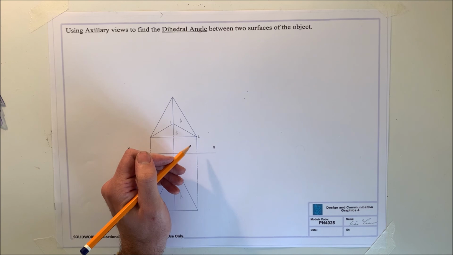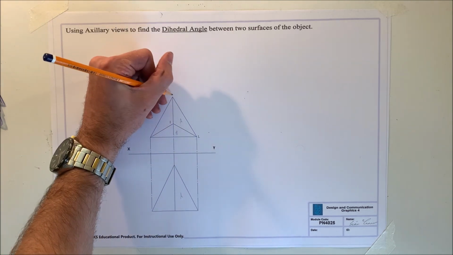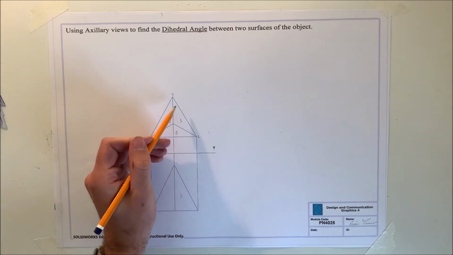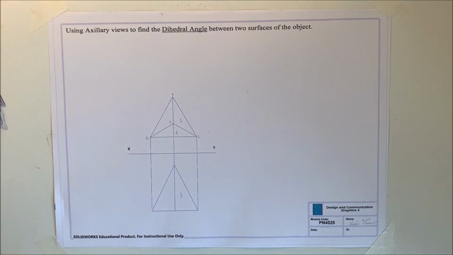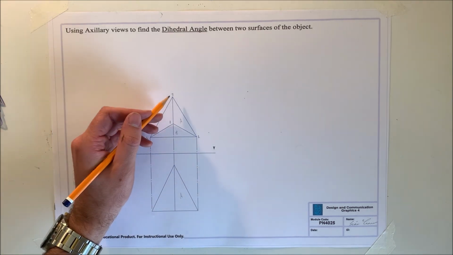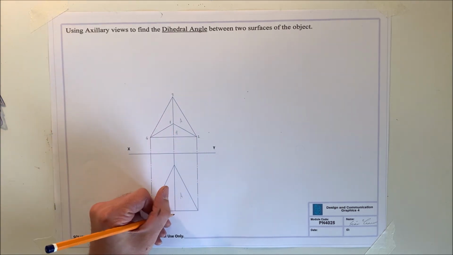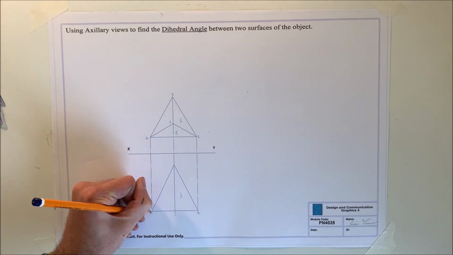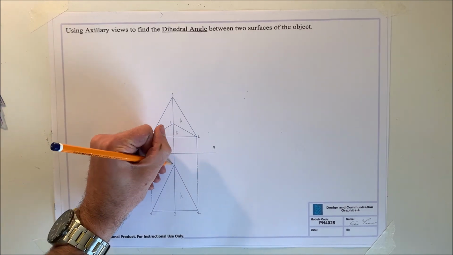Now I'm going to label the other corners that I'm going to be taking, which is going to be 3 over here and 4 over here, because I'm just taking this plane and this plane, A and B. Now I'm also going to label them below here. So we know we have 3 is below here, 2 is here, 4 is here, and 1 is going to be here.